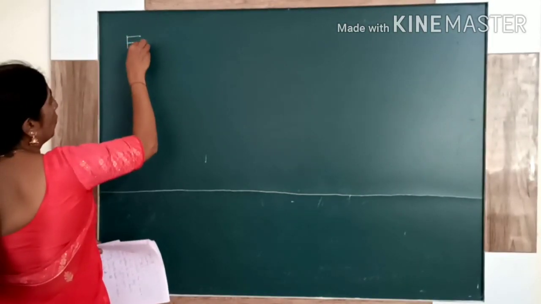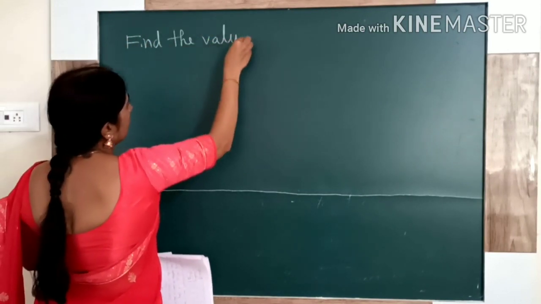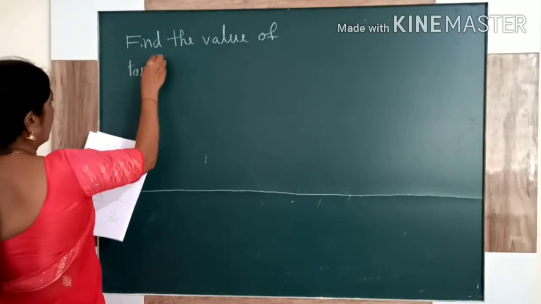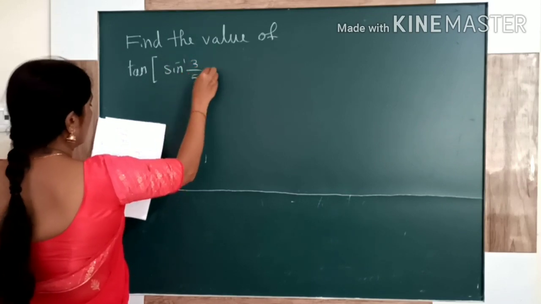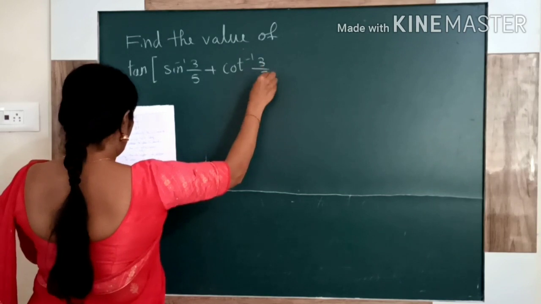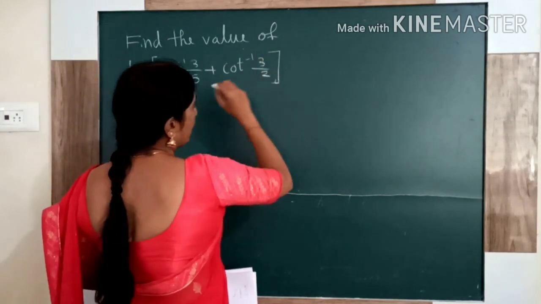Find the value of tan in the bracket sin inverse 3 by 5 plus cot inverse 3 by 2. See, in the last class I gave so many formulas.